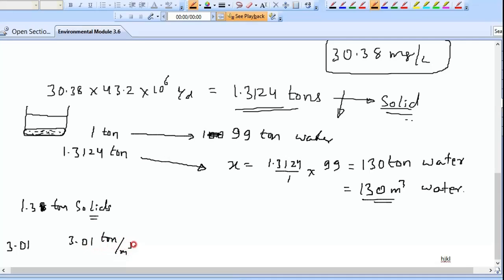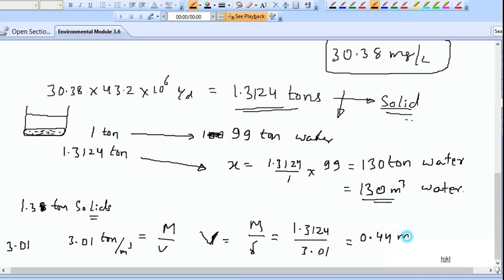This is a sludge density. Then density equals mass by volume. Then the volume equals mass by density. Okay, then mass is 1.3124 divided by 3.01. The answer is 0.44 meter cube. This is a solid sludge volume and this is a water volume.